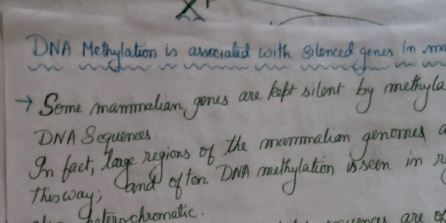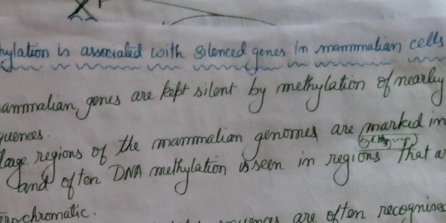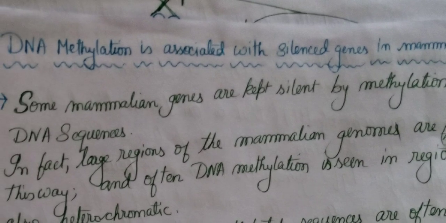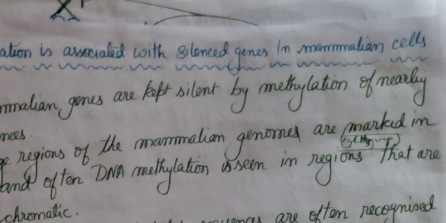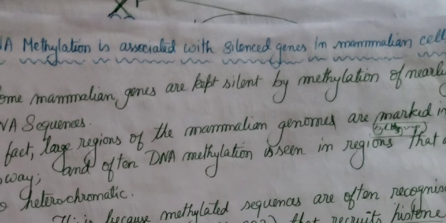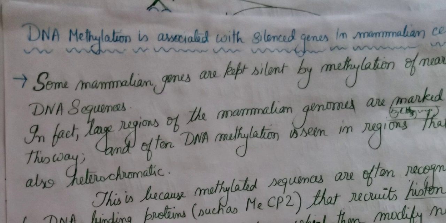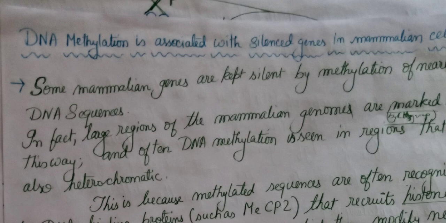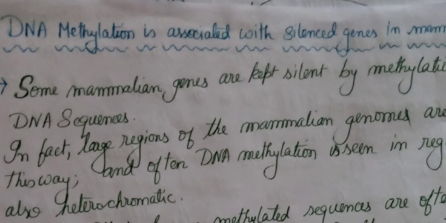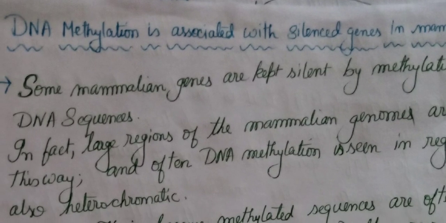DNA methylation is associated with silenced genes in mammalian cells. A silenced gene means an inactivated gene, so that the gene will not be transcribed. Some mammalian genes are kept silent by methylation of nearby DNA sequences.